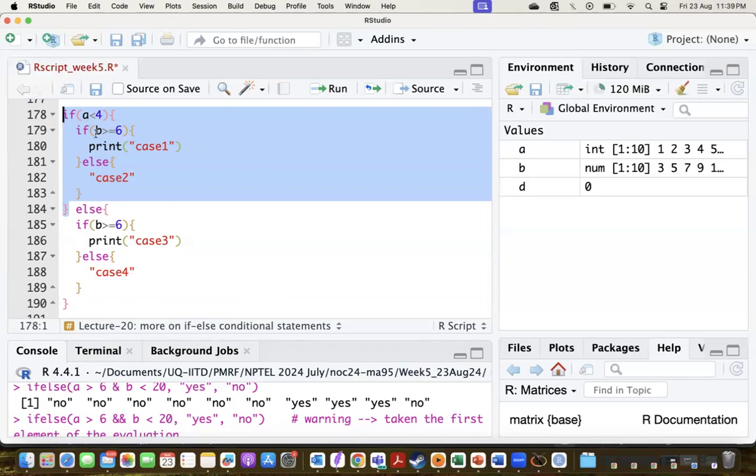Now b may be greater than equal to 6, or b may not be greater than equal to 6. So can you tell me, when would I get case 1, case 2, case 3, case 4 printed? What would be the conditions of a and b at that time when I get each of these cases as the output?